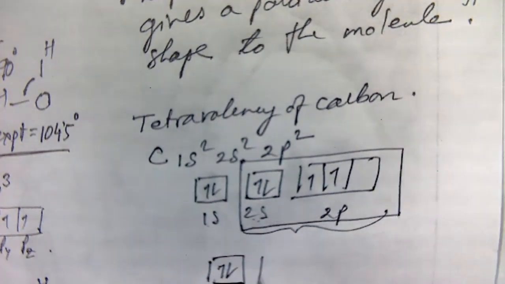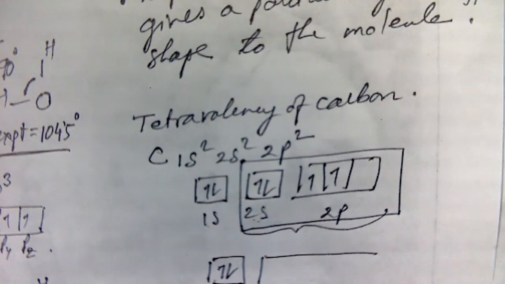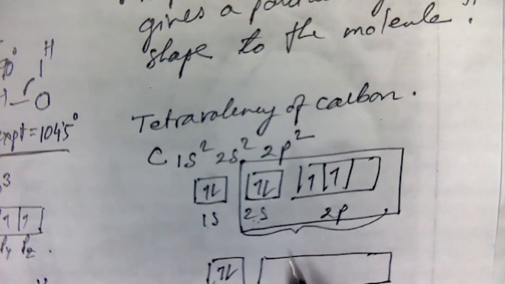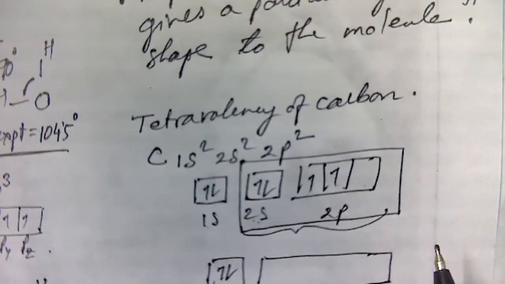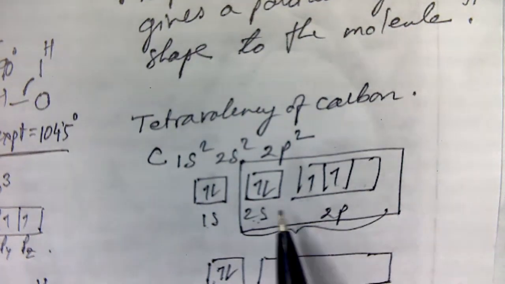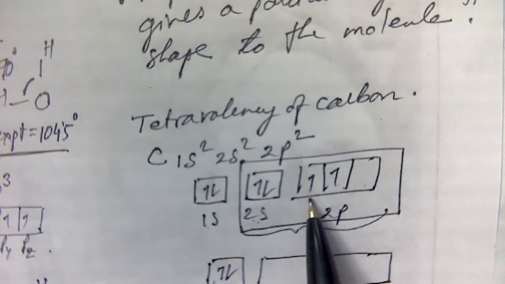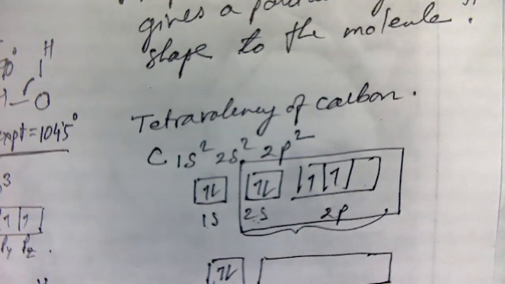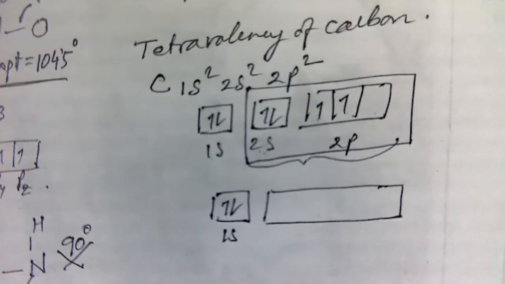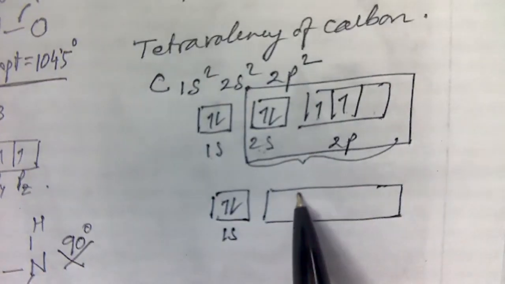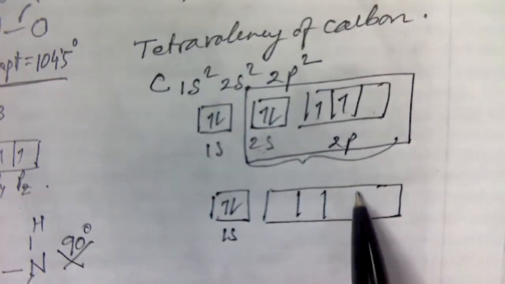It has 2 electrons. Now, how many are combining? One of the s and three of the p's are combining, so altogether 4 are combining. So 4 hybrid orbitals will be formed.